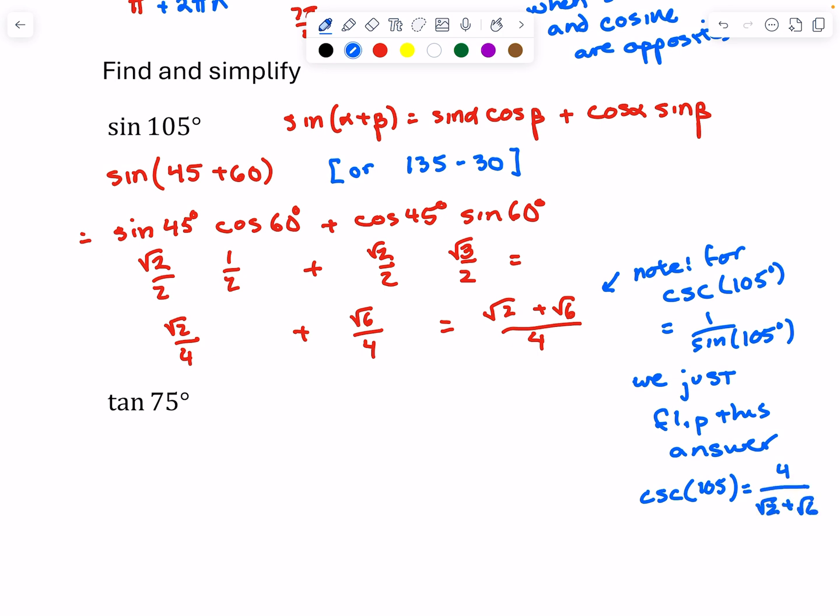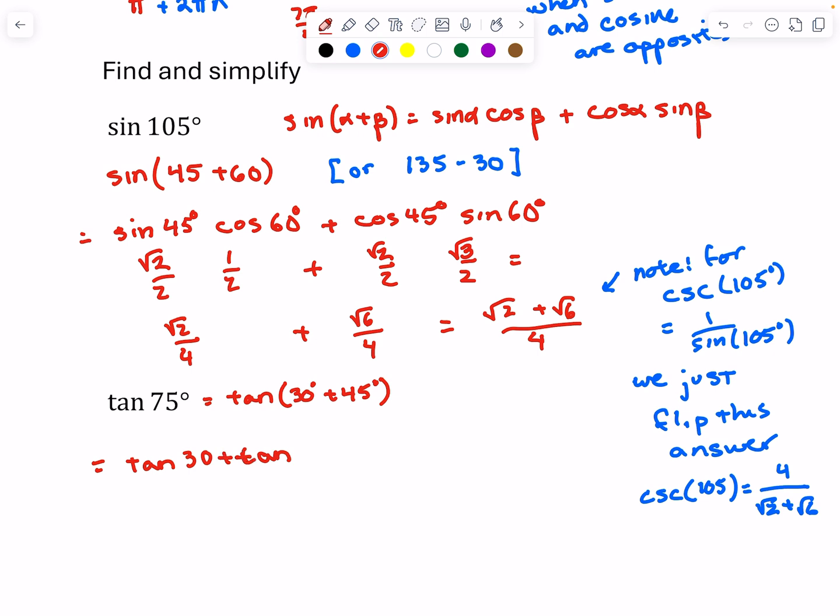Okay. Tan of 75. Okay. Sum on the top. Oops, plus tan.